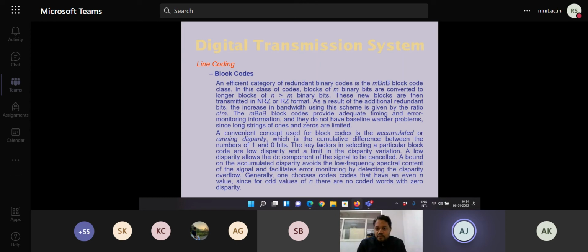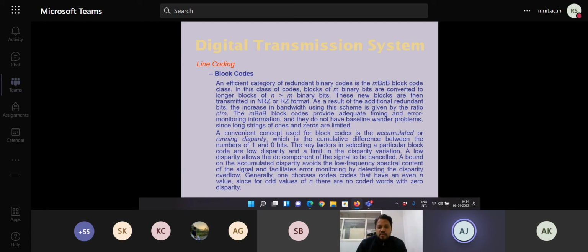At the receiver end, if the number of ones is odd, then the receiver can identify that the received block has some error. This is what is known as error detection.